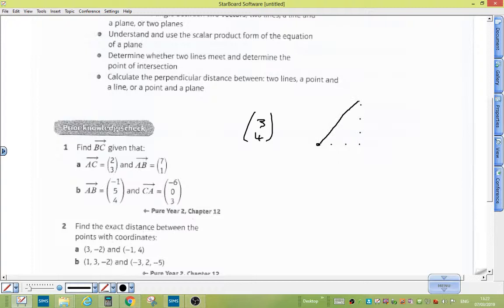On top of that, that is the direction, because you start here, end there, and that can be written as vector A, and we usually write it in bold, but we can't, so we put a line underneath it. So I can say that vector A is equal to that. It is also equal to the direction O to A, for instance. Okay, so I'm just going to call that vector A.